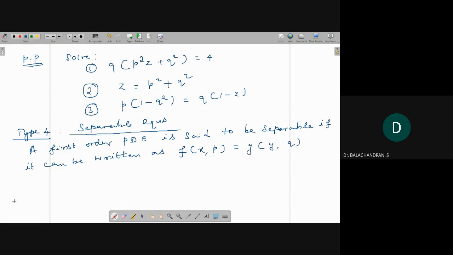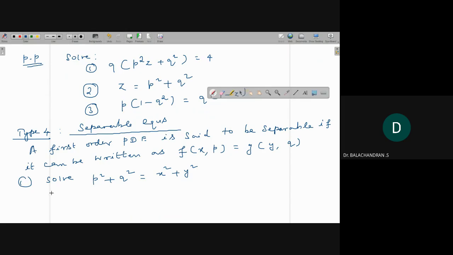First problem, solve p square plus q square equal to x square plus y square. So this is the problem. Here we have p, q, x, y, so this comes under type number 4.